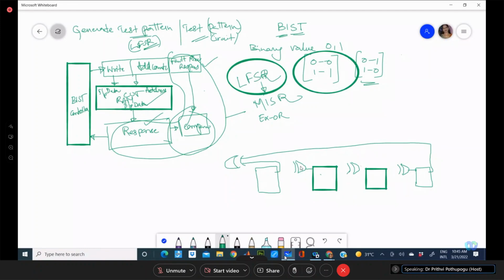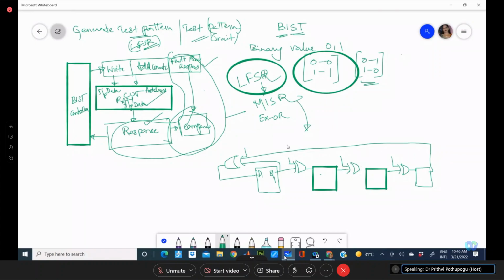Something like this. This is your feedback path. As usual, this is D1 and this is Q1. Now this Q1 along with the external input, and this feedback along with an external input, this setup makes it a multiple input signature register.